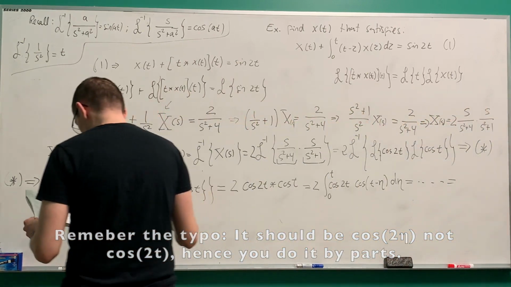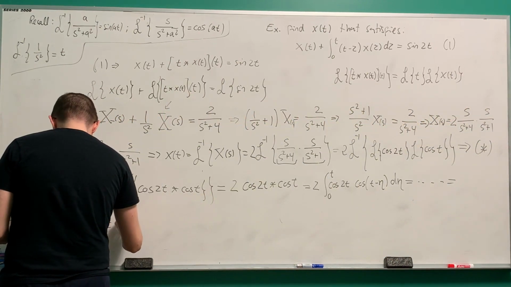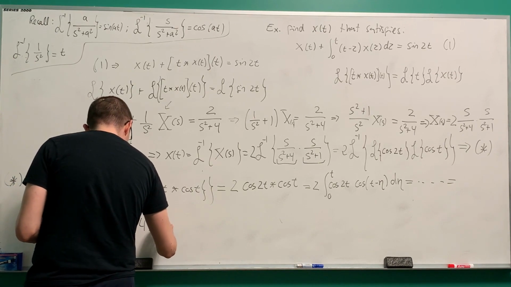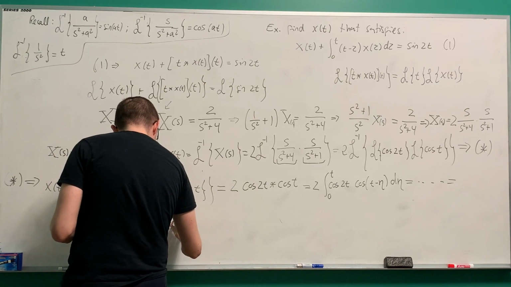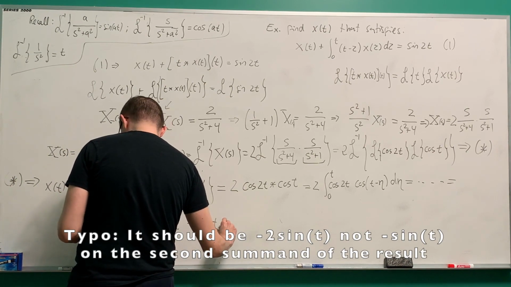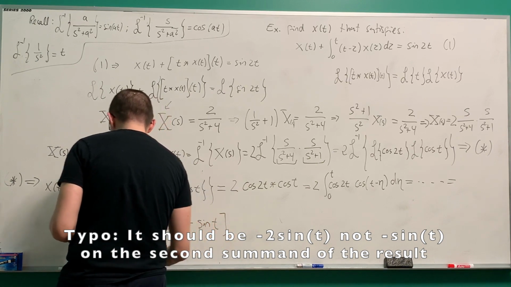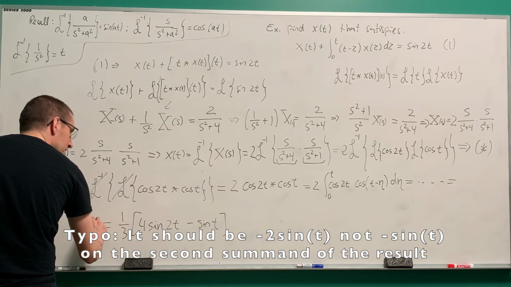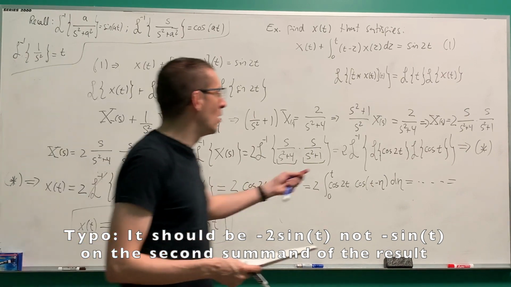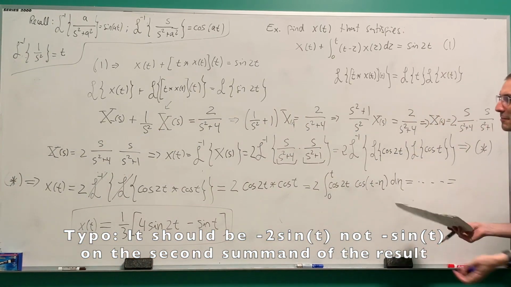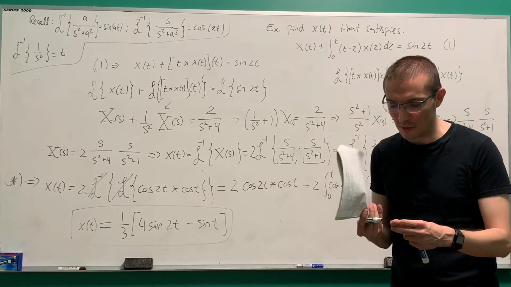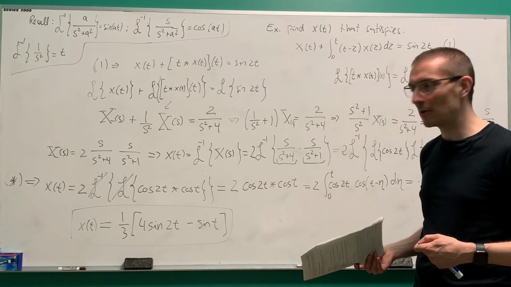The final result is 1 over 3, 4 times the sine of 2t minus the sine of t, and that is x of t. All right, so please complete doing the integral. This is the irrelevant part, doing the integral. You can also solve it using partial fraction decomposition and check that you have the same, okay?